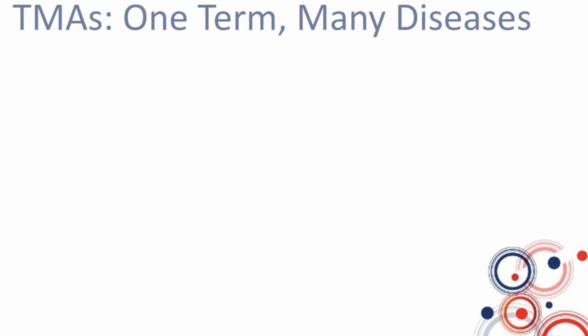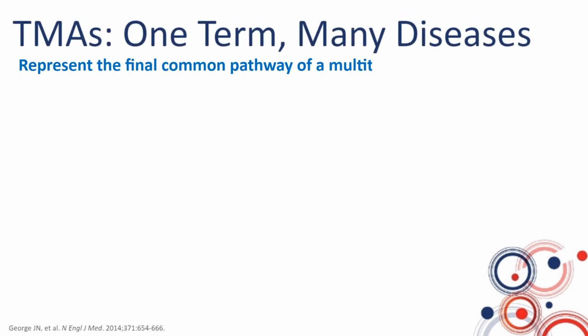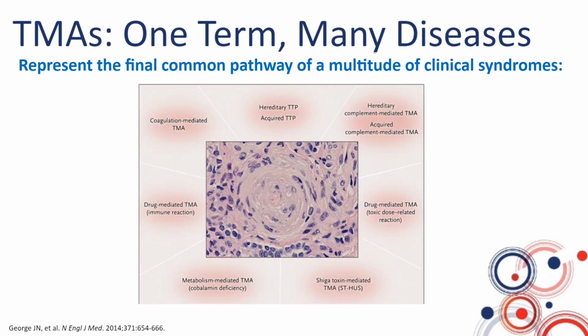So with one term of TMA, there could be many diseases representing the final common pathway of multitude clinical syndromes. That could be TTP or HUS or drug-mediated TMA or, for example, metabolism-mediated TMA.